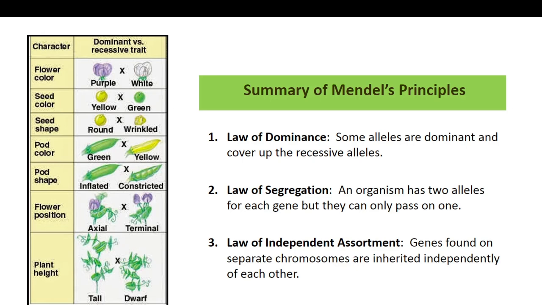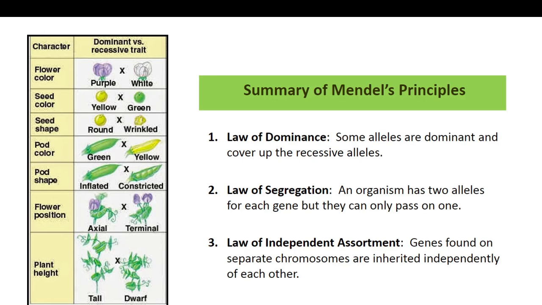There will be the parental alleles, then segregation happens, and in the F1 generation heterozygous alleles will form. But the phenotype that it will show is the dominant phenotype, which will always cover up the recessive allele.